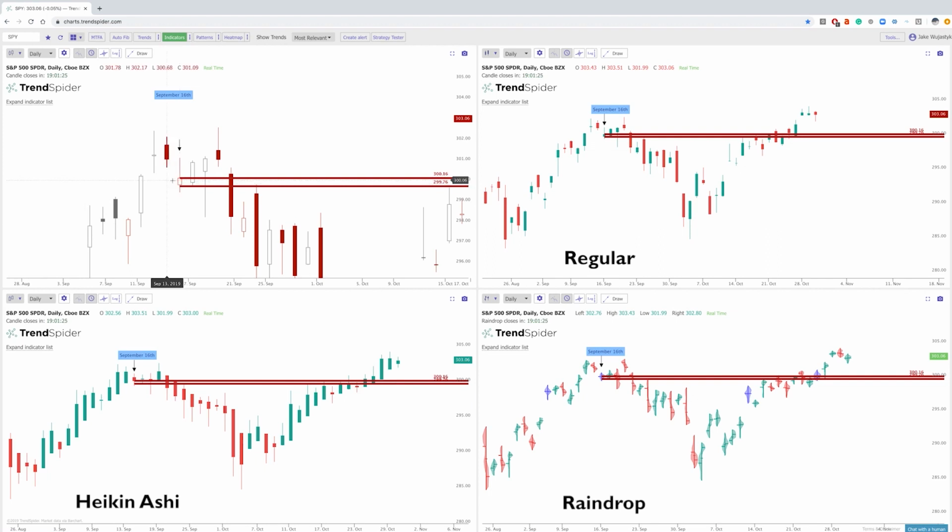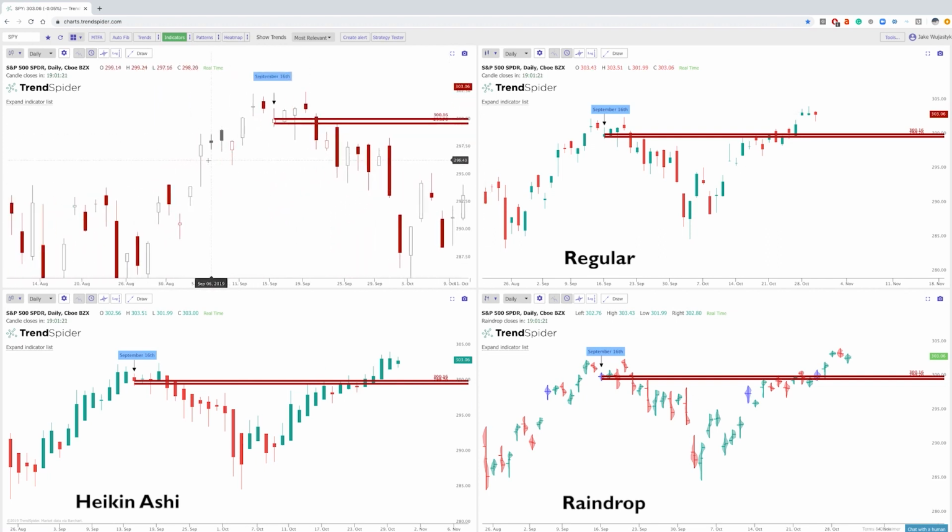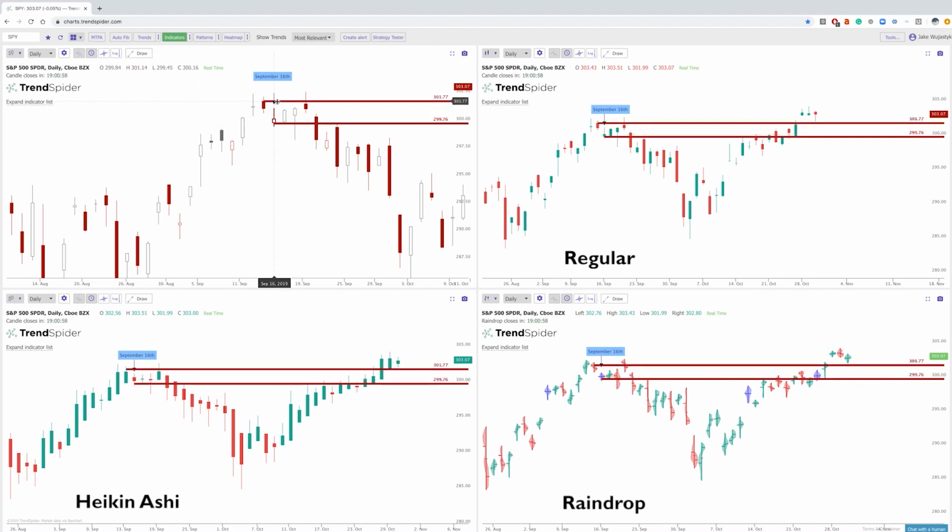Now, the difference between a hollow and a solid candle is here. Notice that we've got this solid, or actually, let's do this particular candle here. Same color, it's red, but in this case, it's solid. So what you can do here is you can say, well, sure, this is lower than this candle, but it's not hollow because your open was up here and your close was down here.